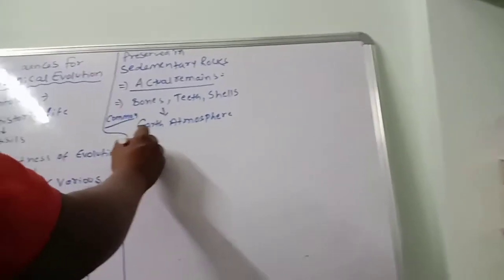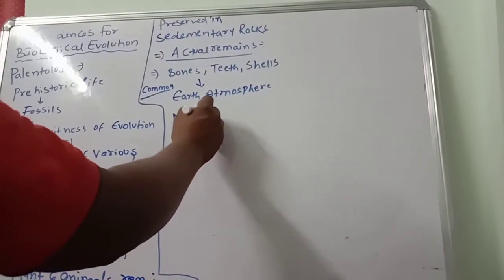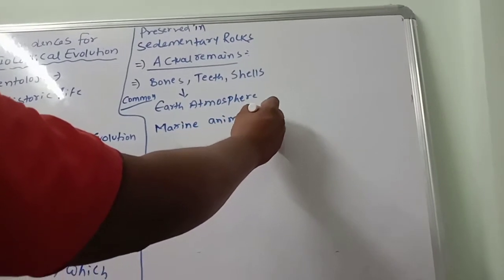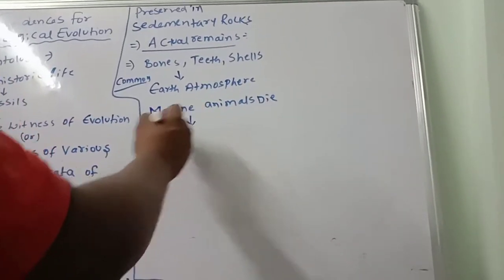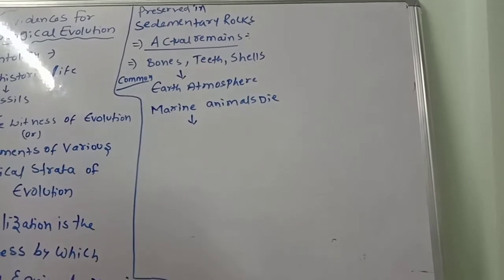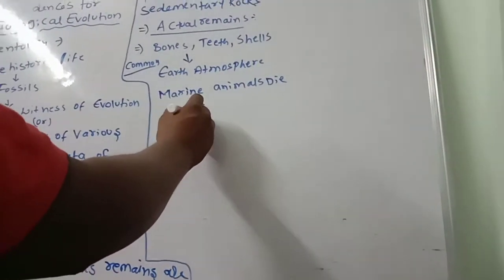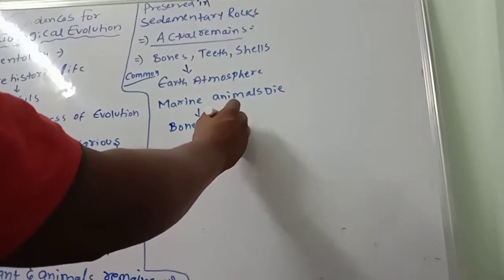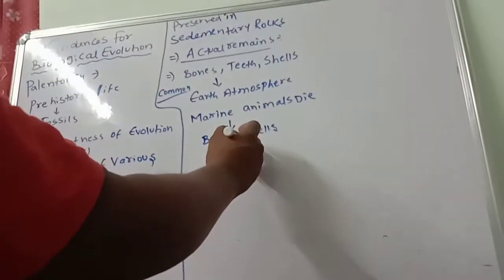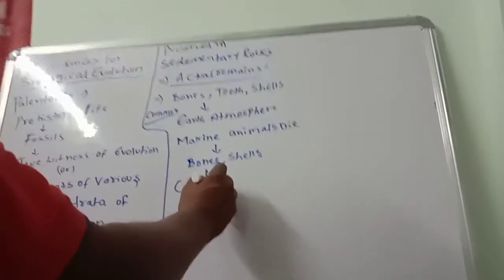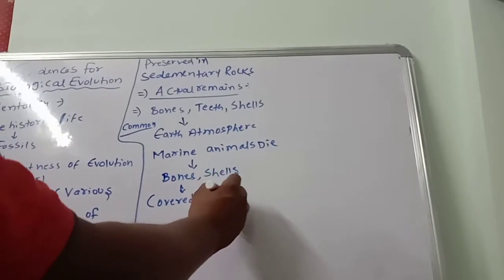When marine animals die, please observe very carefully, what will happen? Their hard parts, the bones and shells, what will they do? They are covered with sediments.